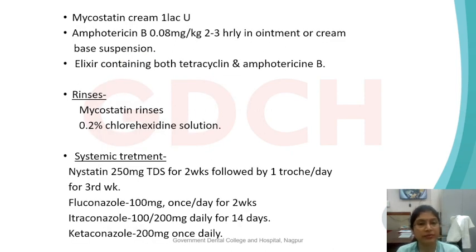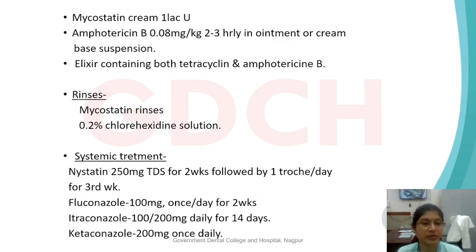Nystatin cream of 1 lakh units can also be given. Amphotericin B 0.08 milligram per kg, 2 to 3 hourly, in ointment or cream-based suspension is also available. The elixir containing both tetracycline and amphotericin B is also available, which gives you both antimicrobial as well as antifungal therapy.